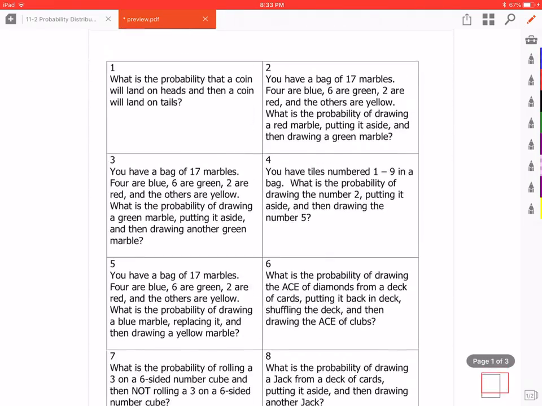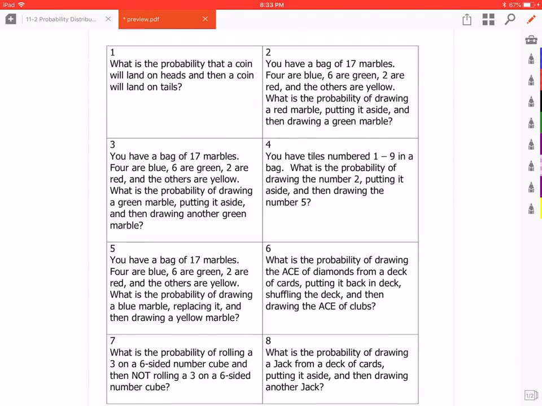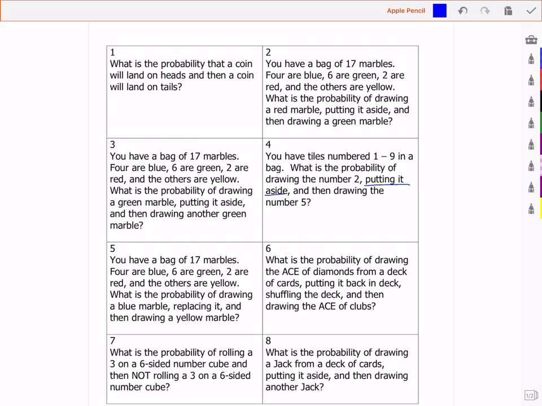You do need to watch out for words like putting it aside, because that means we're not replacing it, which makes it a dependent event. Like this particular one, let me do this one. We've got the tiles numbered 1 through 9. Probability of drawing the number 2 and then drawing the number 5. To draw the 2, we'd say 1/9.